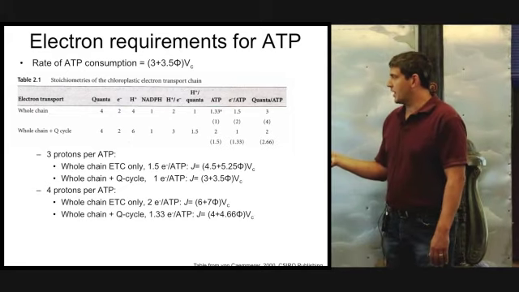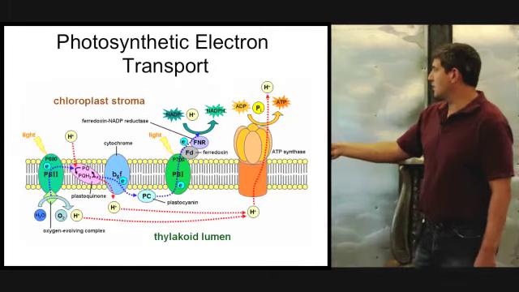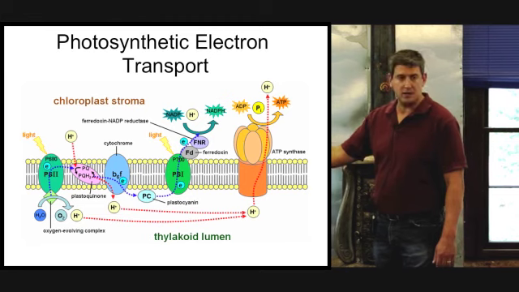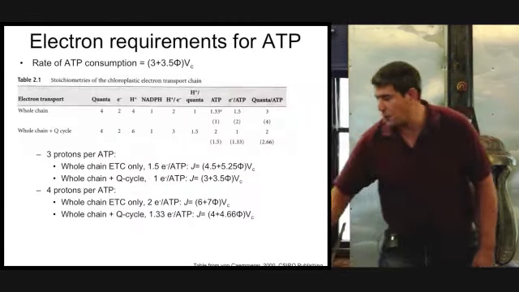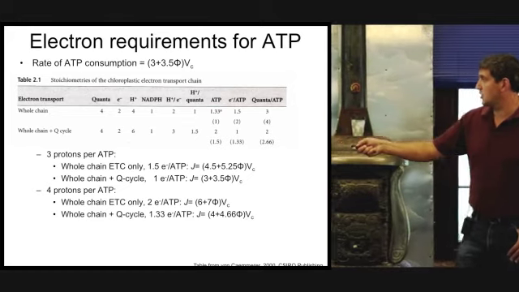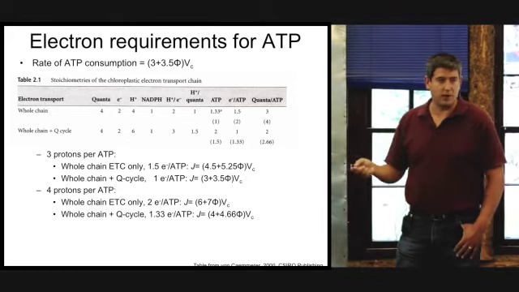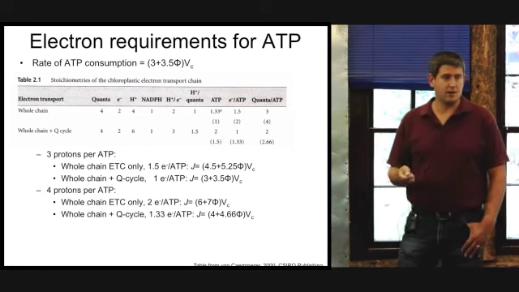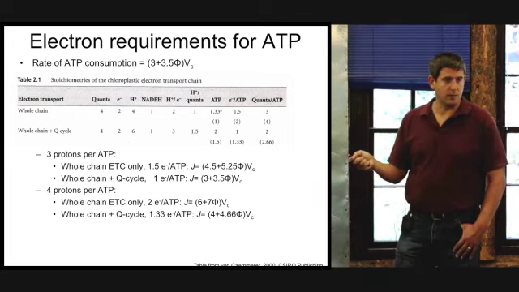Whole chain plus Q cycle, I guess that's probably why I put this in. The Q cycle is a little cycle that occurs here that is more efficient at pumping protons than just linear electron transport. So if you have the Q cycle involved, whole chain plus Q cycle, you get only 1 electron needed per ATP, in which case you have 3 plus 3.5 phi as your electron requirement to meet this demand.